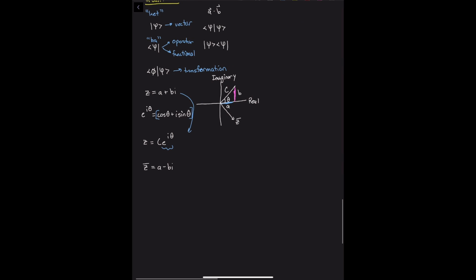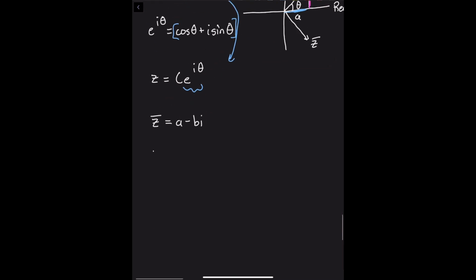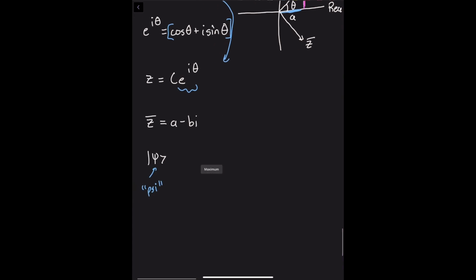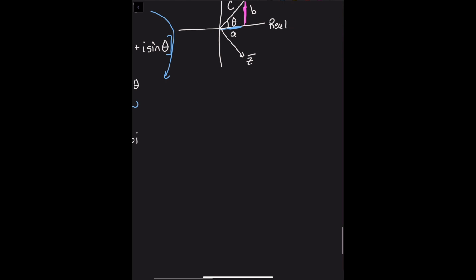Okay, going back to our quantum state, which normally uses the Greek letter psi. That's what this symbol is here. It's psi. Okay. The vector space of quantum states has a basis. So we talked about bases before.